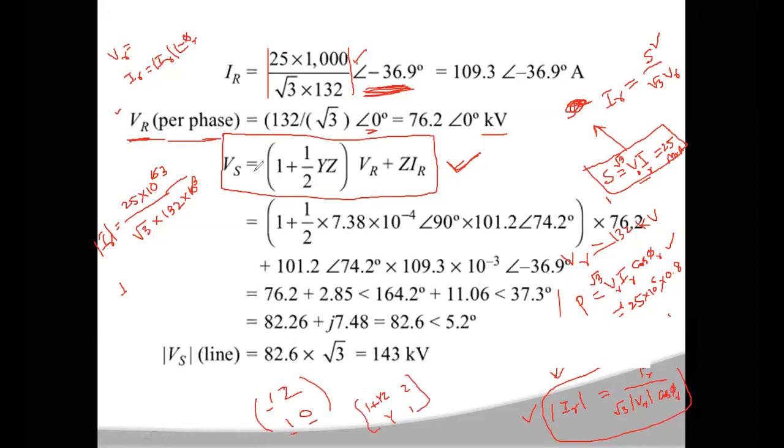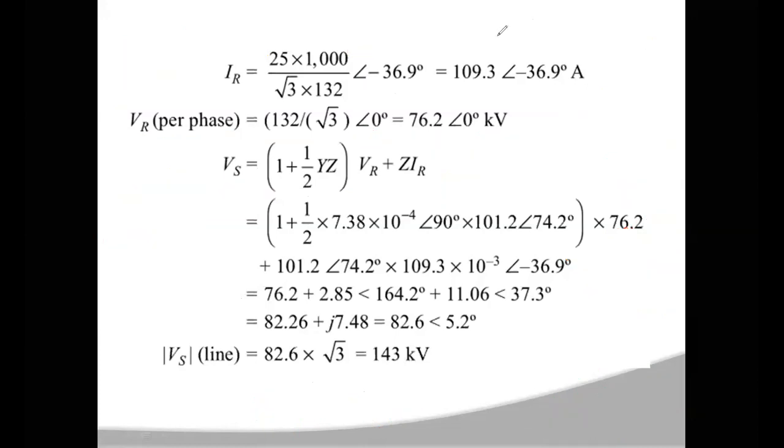For this T network, here it is 1 plus YZ by 2. So what is it for the medium transmission line? It is 1 plus YZ by 2.